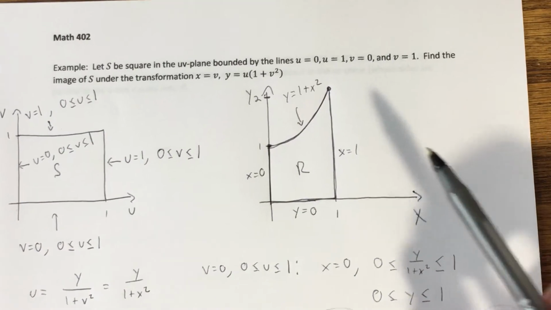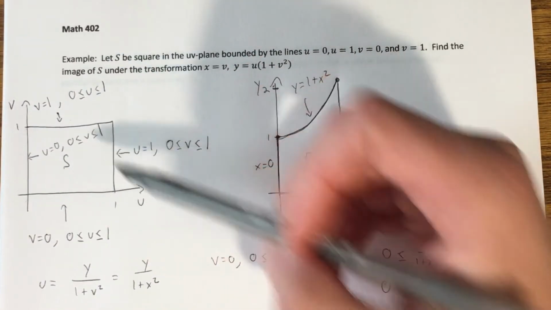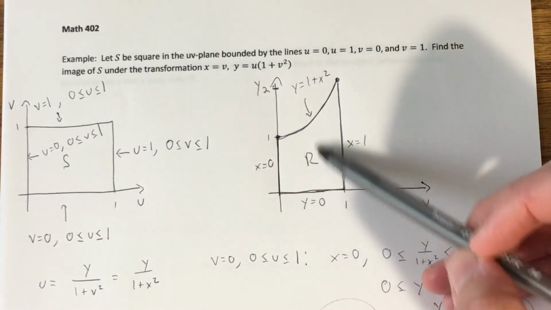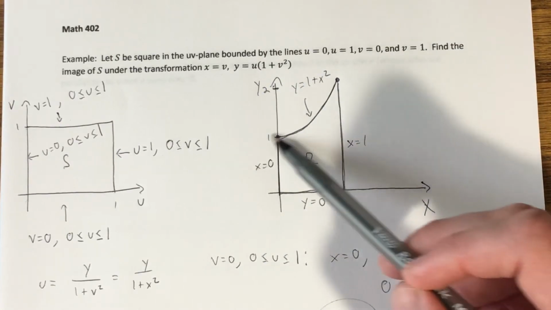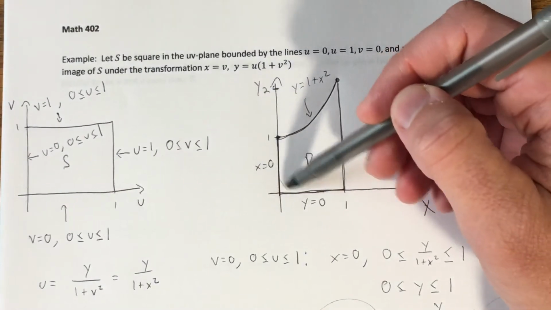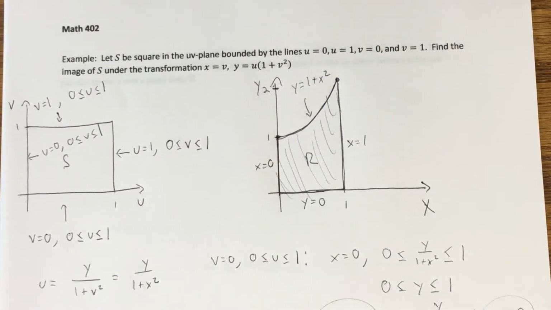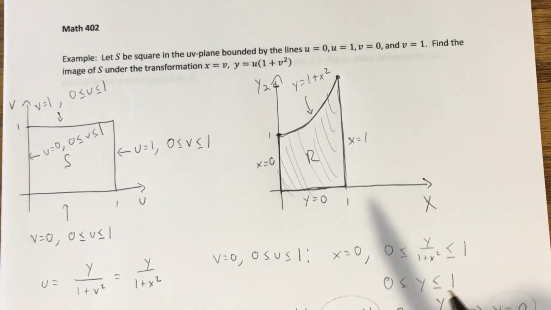And then, again, a property of C1 transformations is that all of the points interior to S will have images interior to R, and every point interior to R will be the image of something in here. So this entire square is going to map to this entire region right here. Okay, I could try and describe that region as a set. I could describe it as a type 1 or a type 2 region, but I'm going to just let the graph be my answer, the graph of this region.